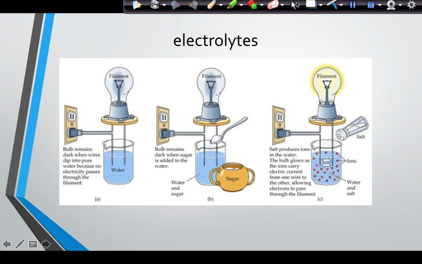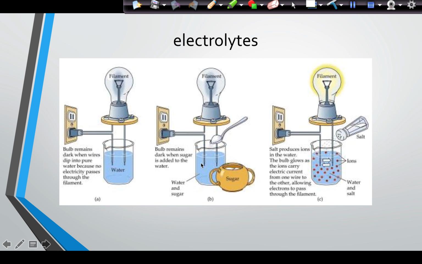Electrolysis. When we're talking about electrolytes, we're talking about solutions that conduct electricity. We did this experiment. Plain water will not conduct electricity.